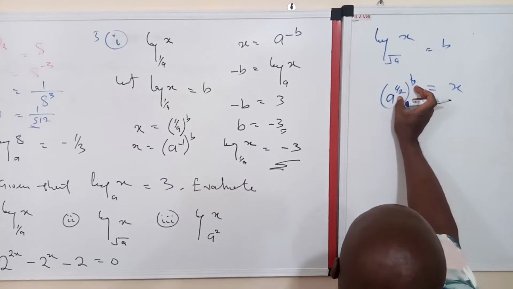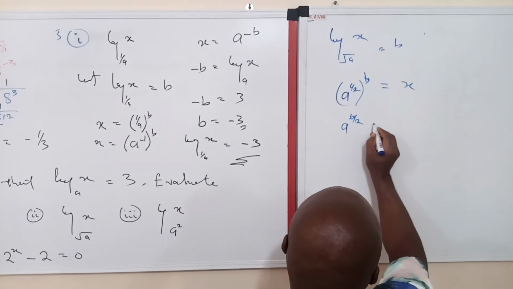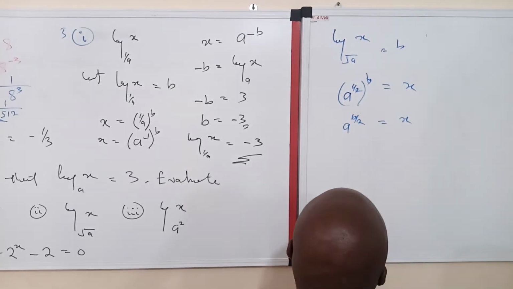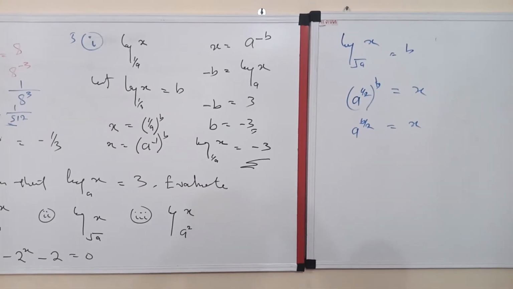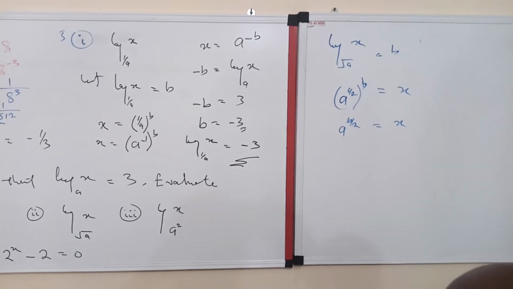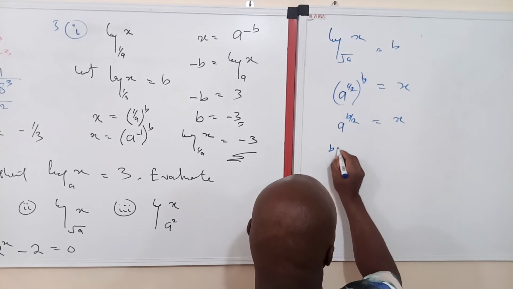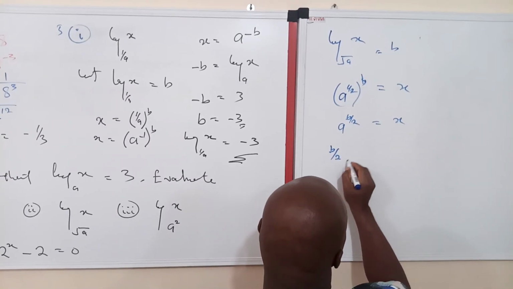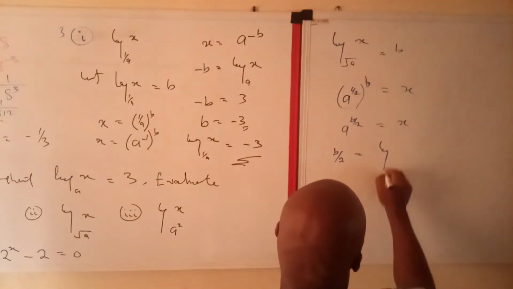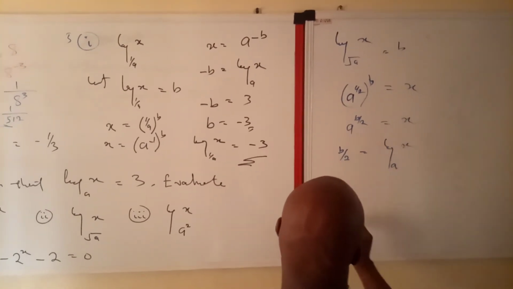Now, if we simplify, we are going to have a to the b over 2 equal to x. Having gotten this, we can rewrite this in terms of logarithm, and in so doing, we have b over 2 is equal to the logarithm in base a of x.